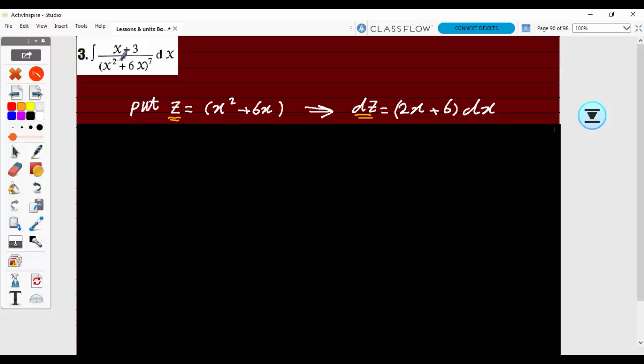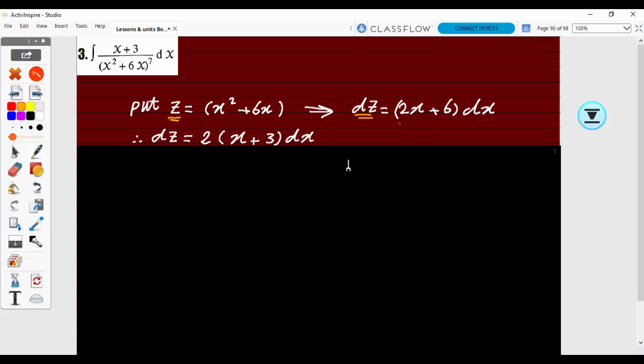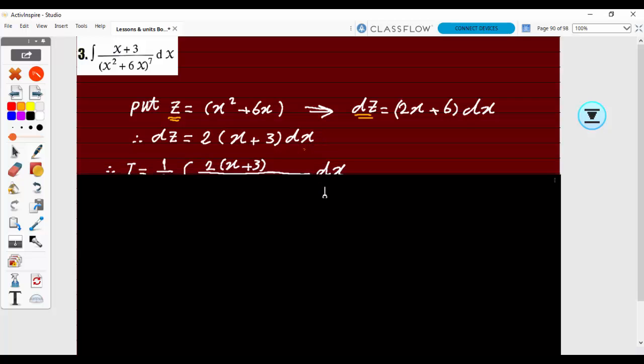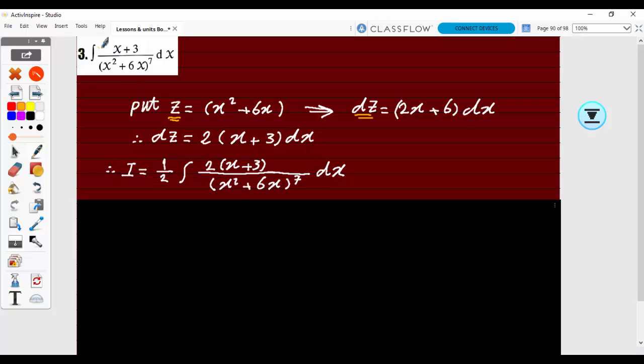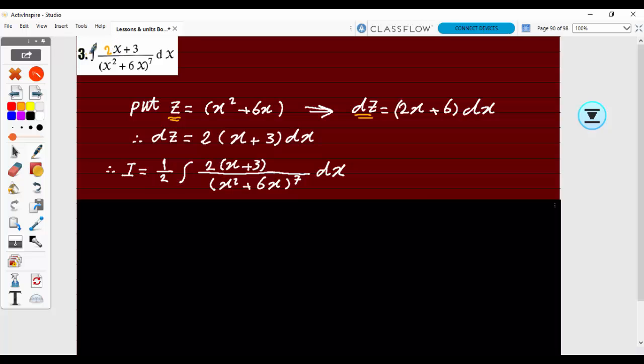In the numerator we have x + 3. How do we get it from dz? We can get it by taking 2 as a common factor, so dz equals 2 multiplied by (x + 3) dx. So we have to multiply by 2 and divide by it again.